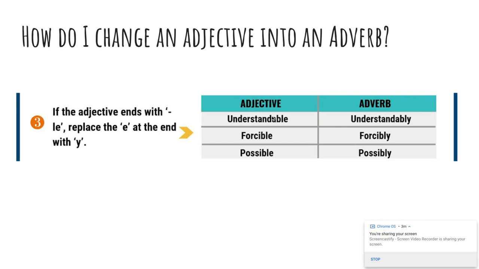If the adjective ends in able or ble, we have to change the e to a y. Understandably, forcibly, possibly. Notice how we didn't just add ly to the end, we take away this e and we turn it into a y.